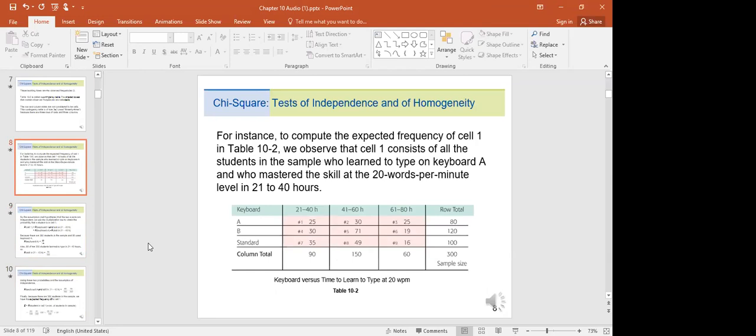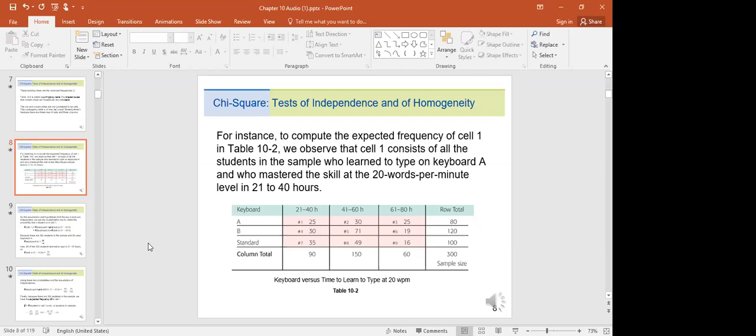Can somebody tell me how many people are in that cell? 25. Now, if the two variables were independent, then the number 25 would have been 90 times 80 divided by 300. Can you use your calculator to check that?